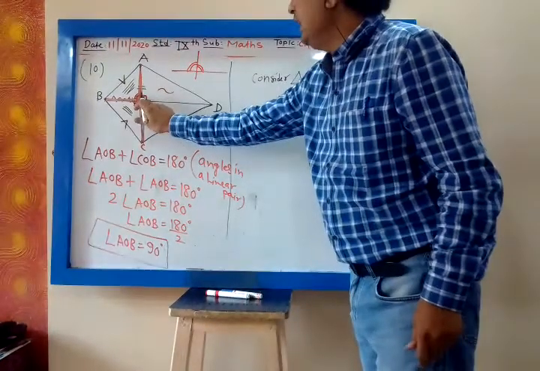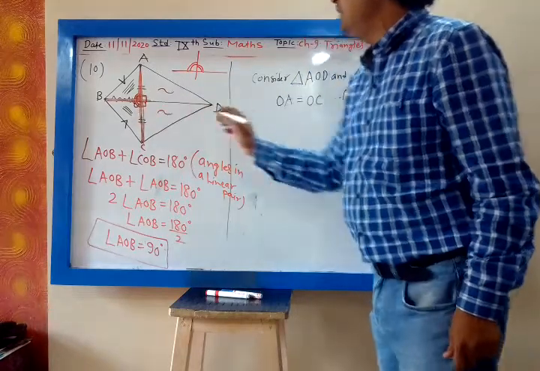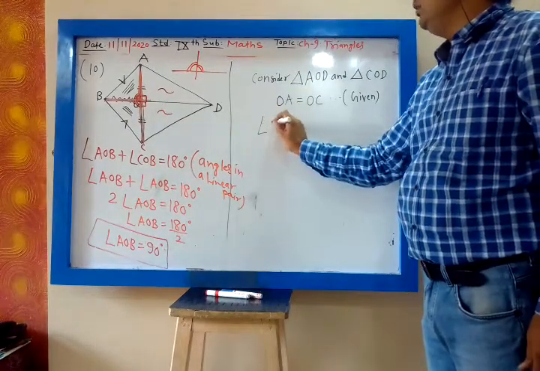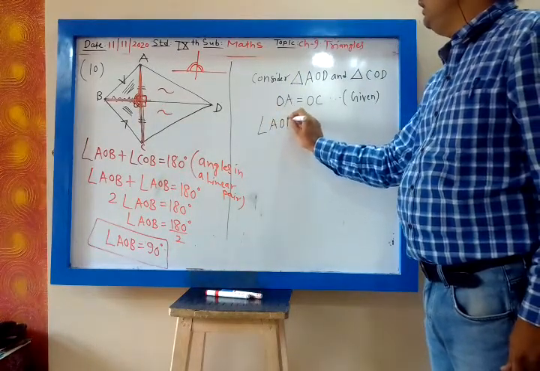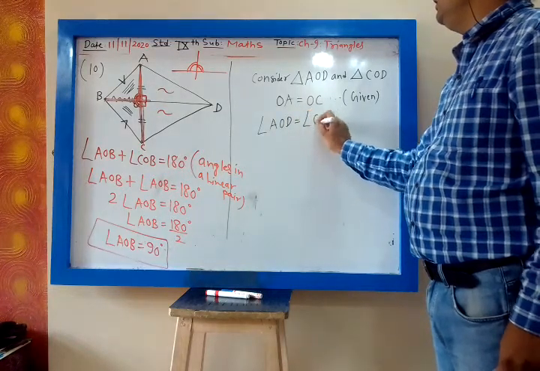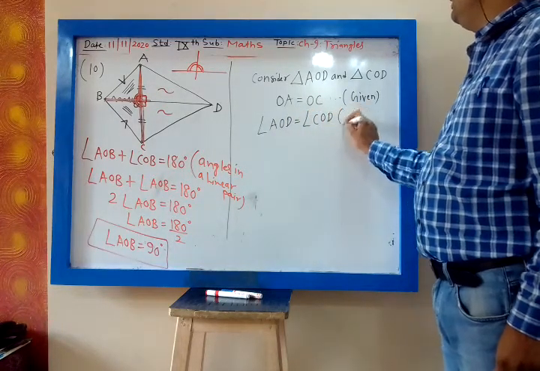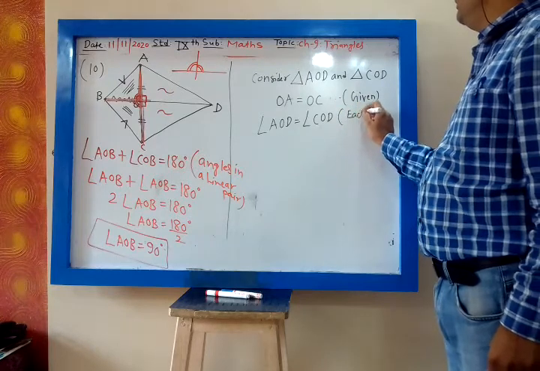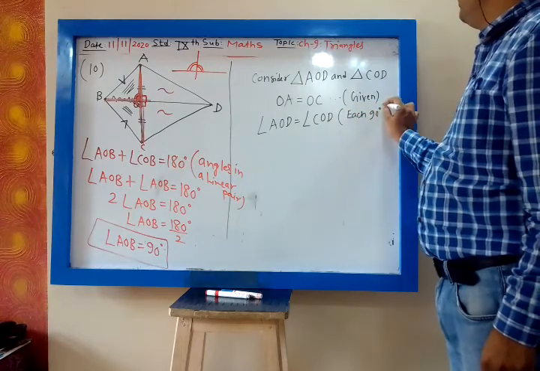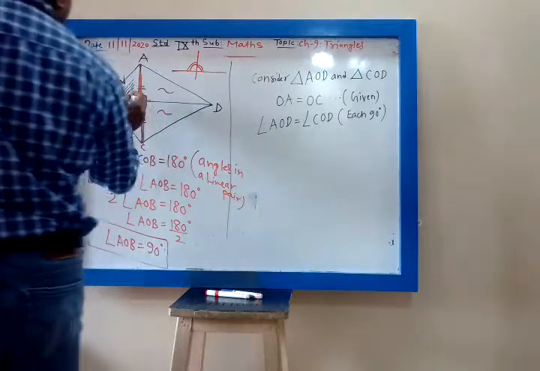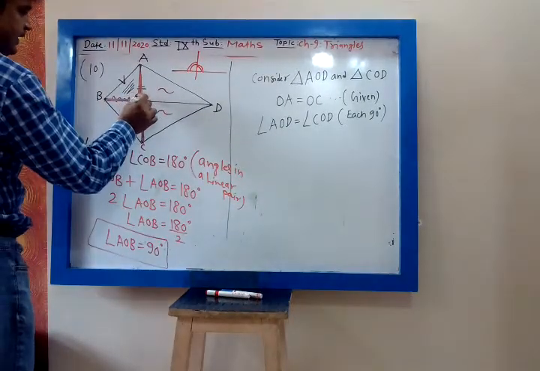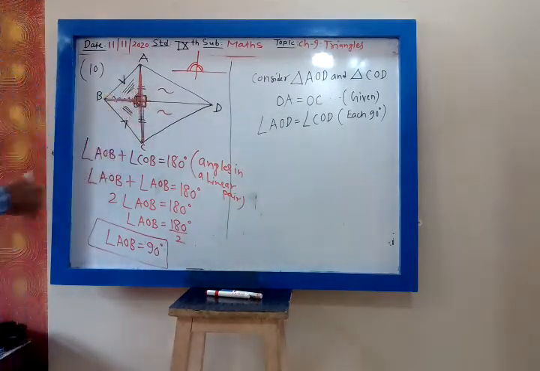Then this angle and this angle are both 90 degrees. Angle AOD is equal to angle COD, each 90 degrees, because if this angle is 90 degrees, then this will be 90, this will be 90, this will be 90.